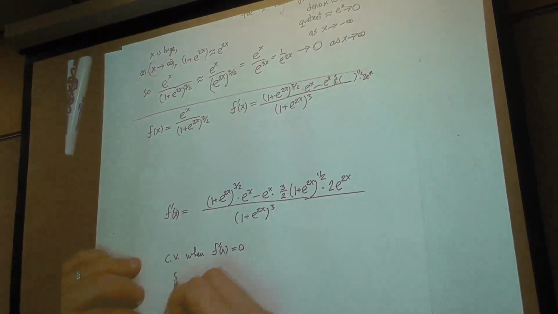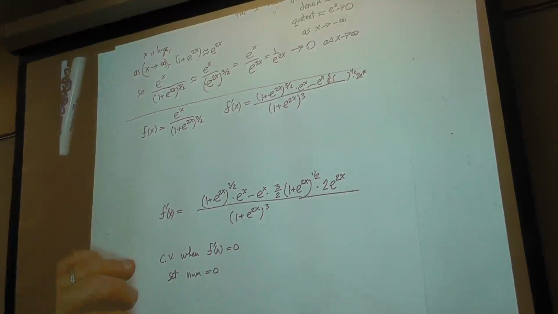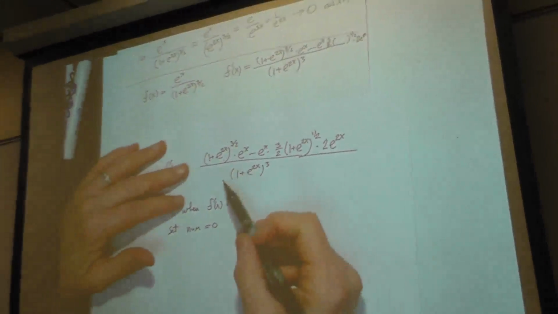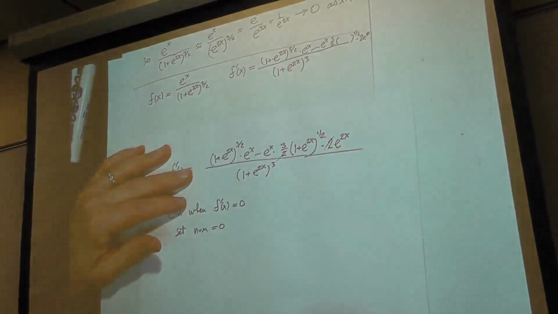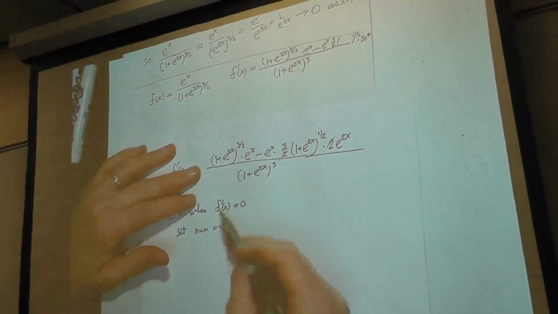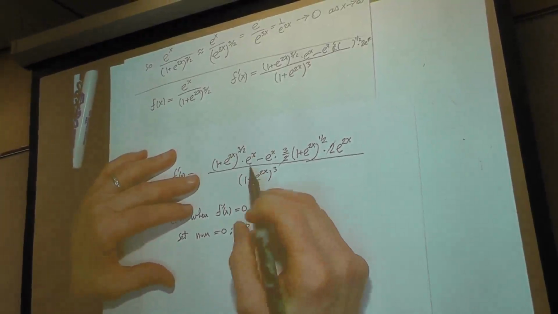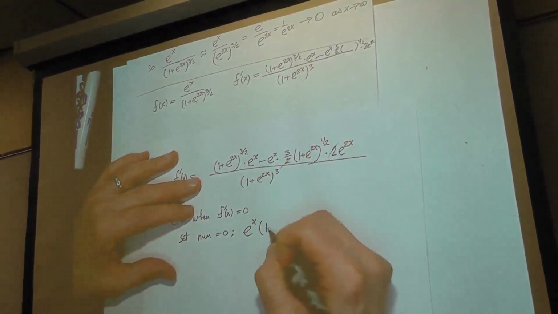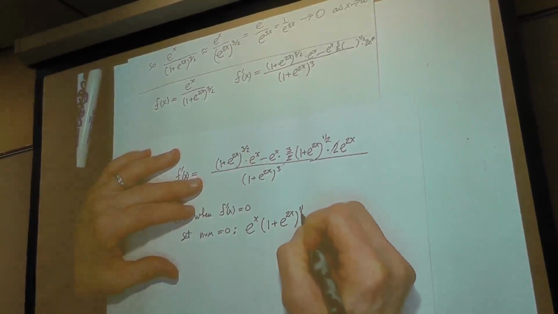So that means set my numerator to 0. I guess those 2's cancel. What I would do is factor out of this numerator e to the x times 1 plus e to the 2x to the 1/2 power.